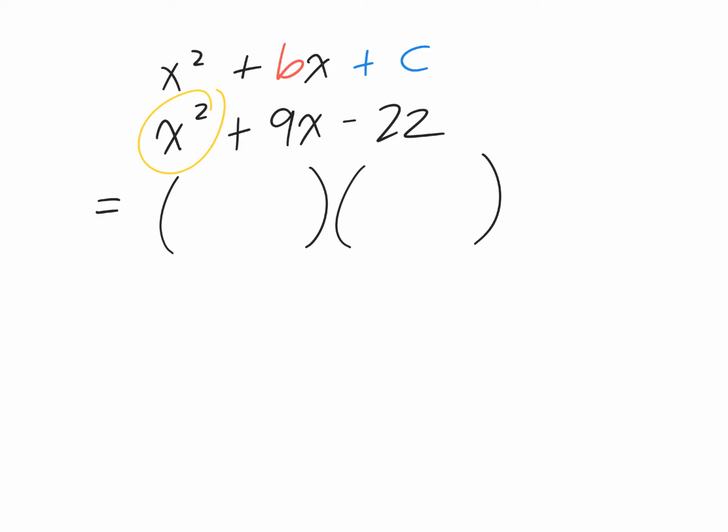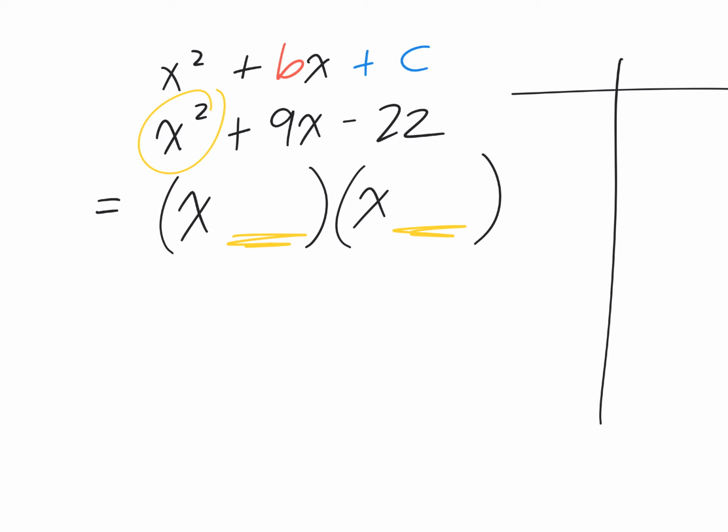What times what gives me x squared? To figure out the missing numbers, you're going to do this every single time. I like to make a little chart on the side. You're always looking for two numbers that multiply together to give me c, if you want to put c here. And when you add them together, they give you b.